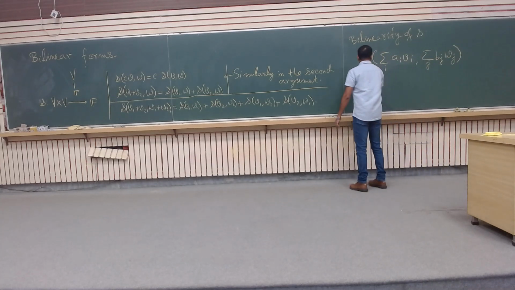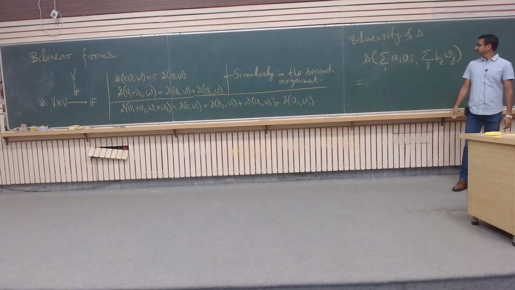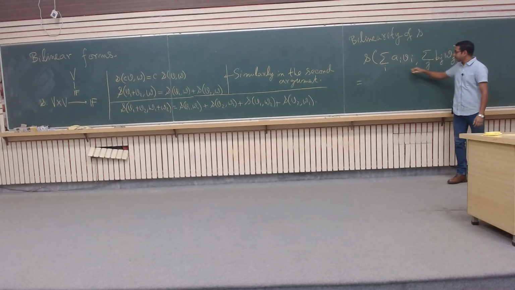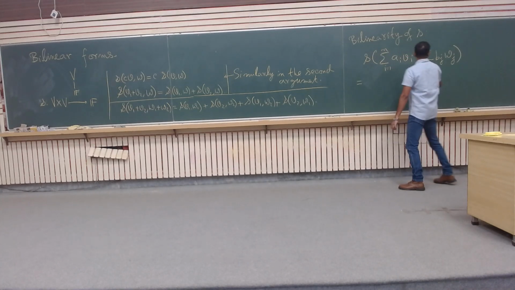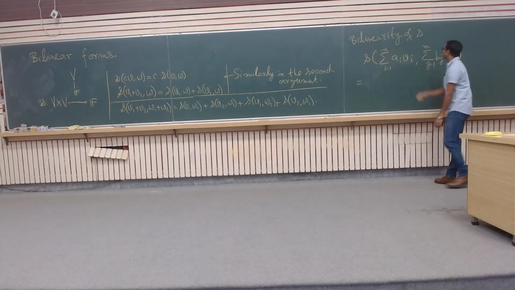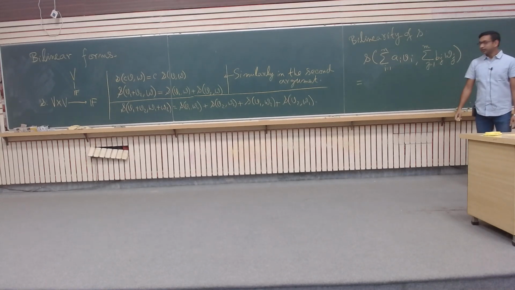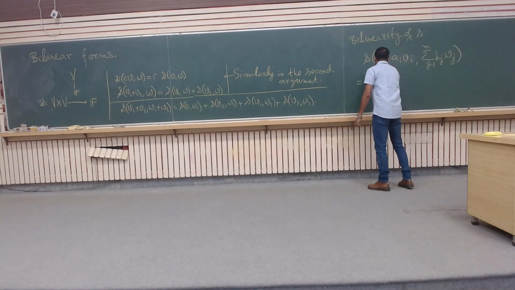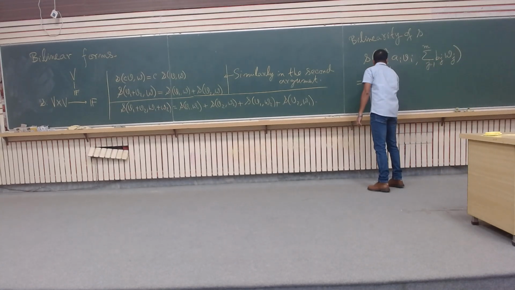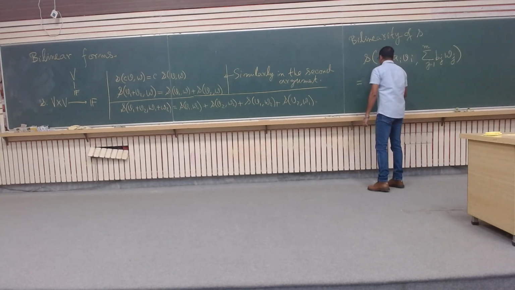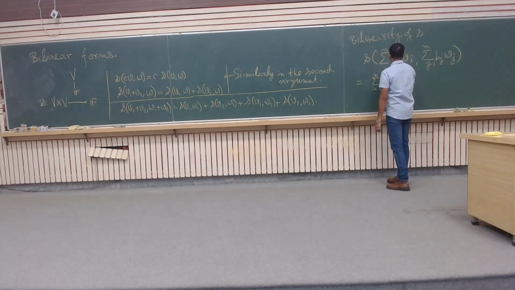This will come out to be what? You have a finite sum, say i running from 1 to n, and j running from 1 to m.